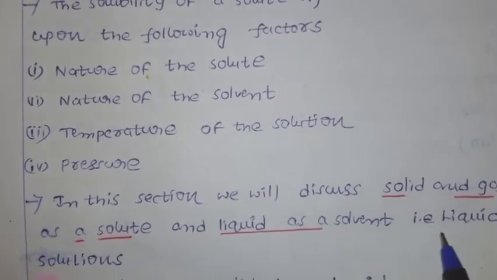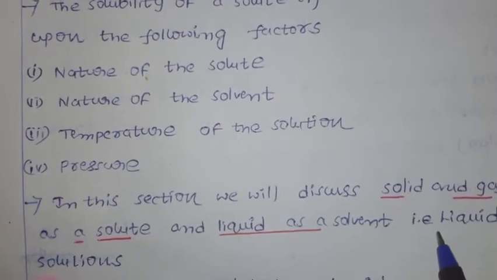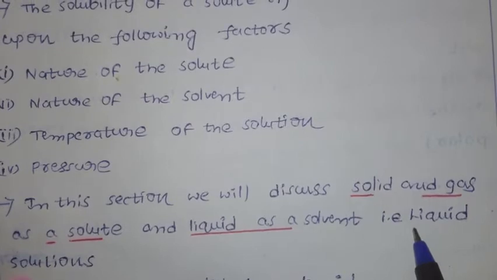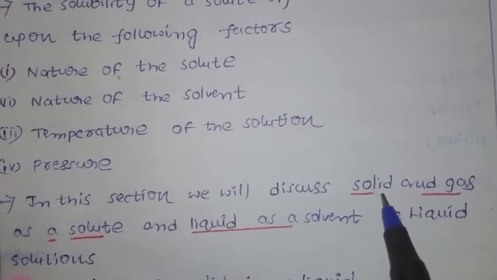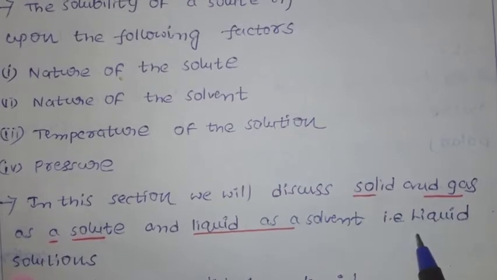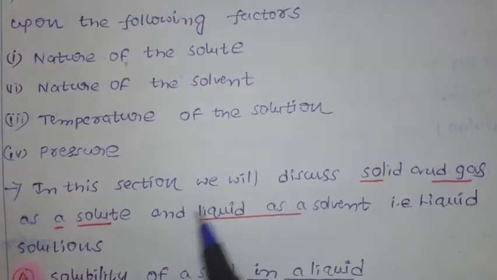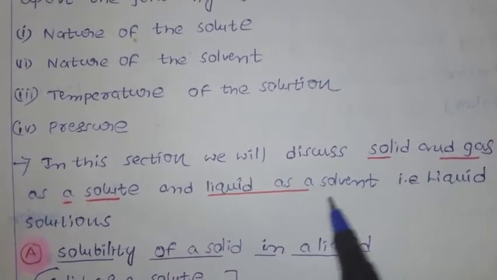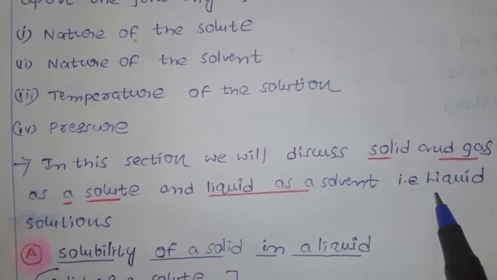In liquid solutions the solute may be solid, gas, or liquid, but in our academic textbook we use only solid and gas. We are not going to discuss liquid solutes. So in this section we discuss solid and gas as solutes and liquid as the solvent, liquid solutions only.